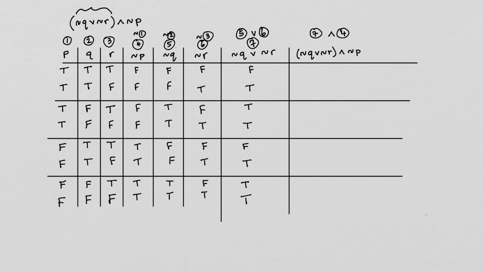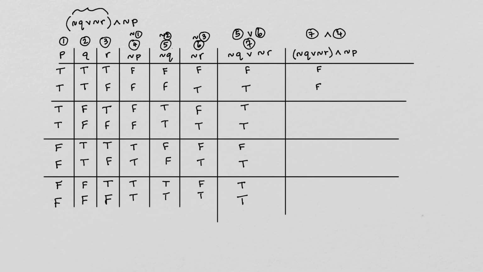And this is an and, so that means that true and true is true. Everything else is false. So I'm looking for mainly false here. If there's any false in it, it's going to be false. So that's true, and that is true. Is that right? Did I get those all lined up?